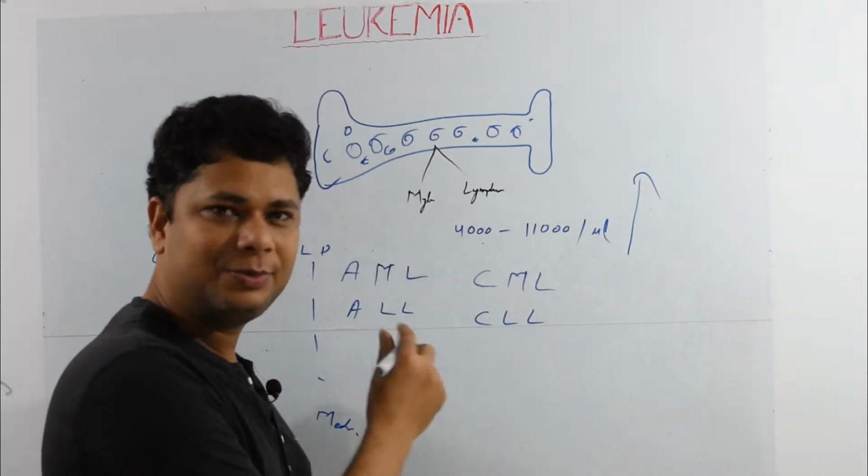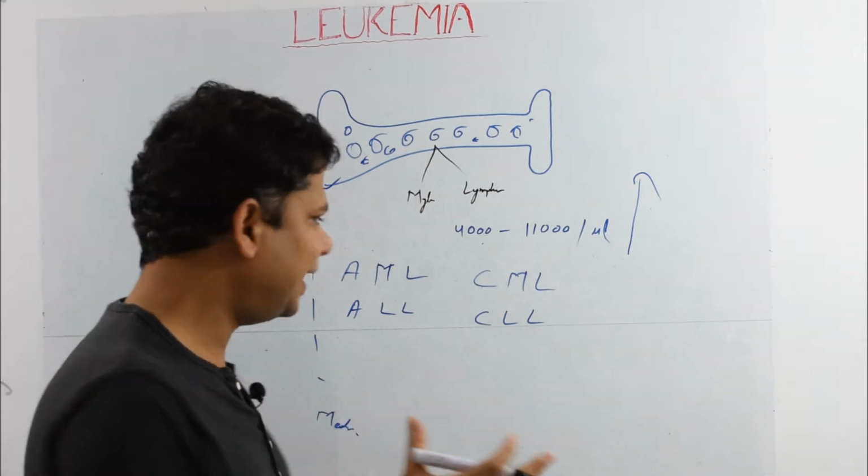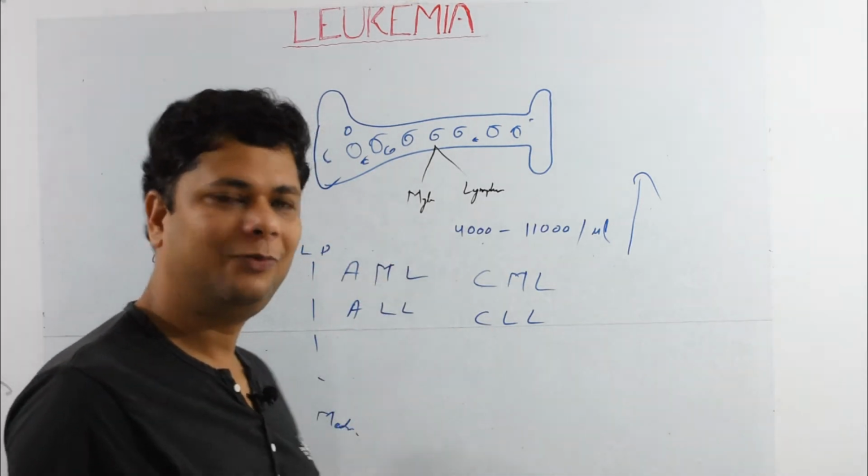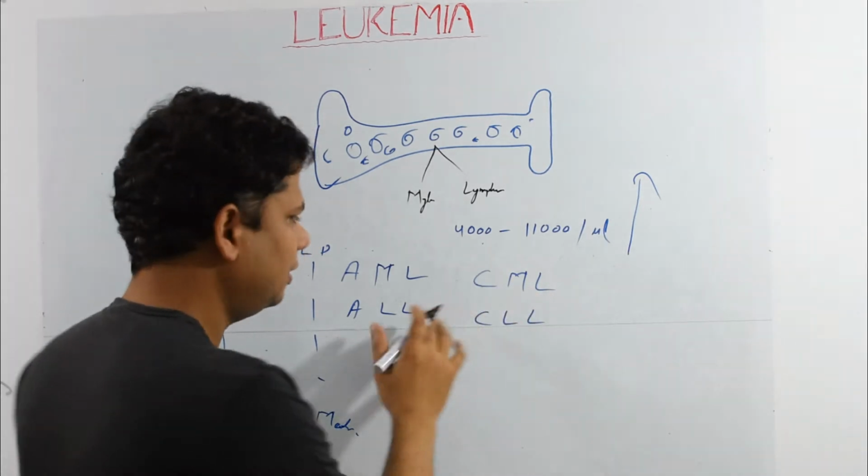When the types come up, there is a common confusion between leukemia and lymphoma. Lymphoma is different.